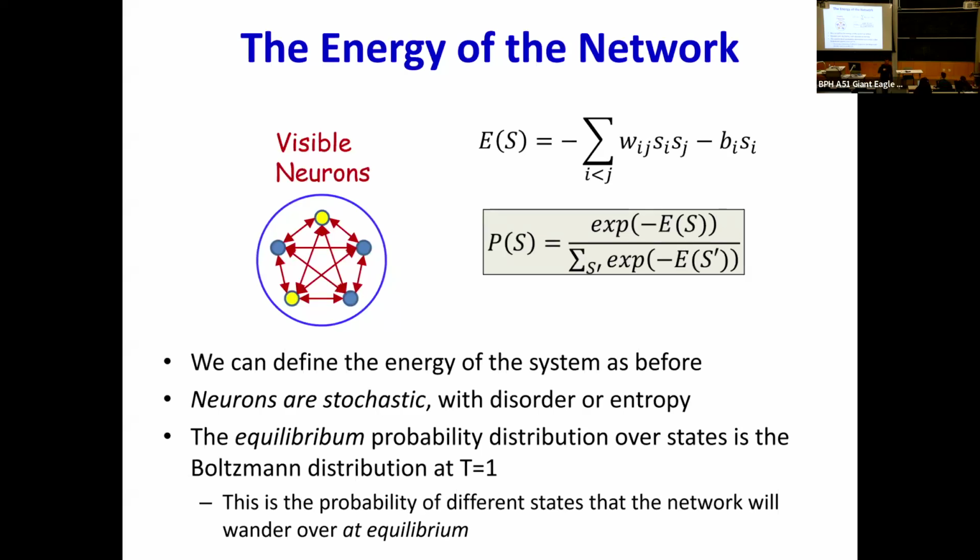Instead of just having this very deterministic behavior where every neuron considered its own field and flipped its sign to align itself with the field, you can now add a little bit of noise and say that every neuron considers its own field and it's going to flip its sign to align itself with the field with some probability.